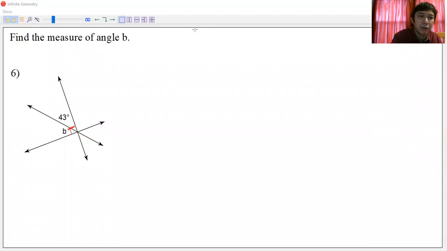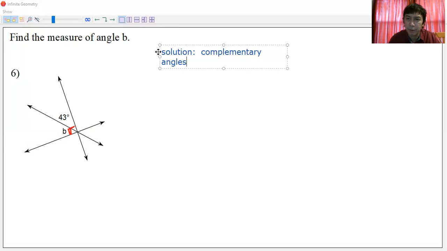That red mark tells you that the measure is 90 degrees when they are added, and so we have a complementary angle pair here. Complementary angles for this number. So we can set up our equation: B plus 43 should be equal to 90 degrees.